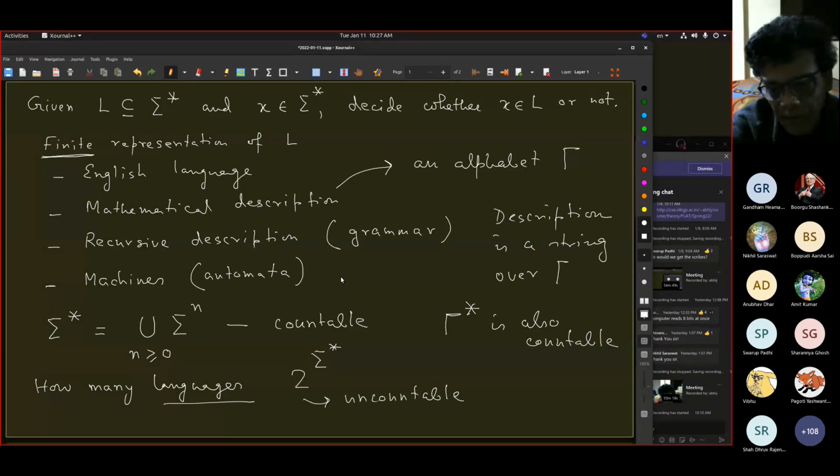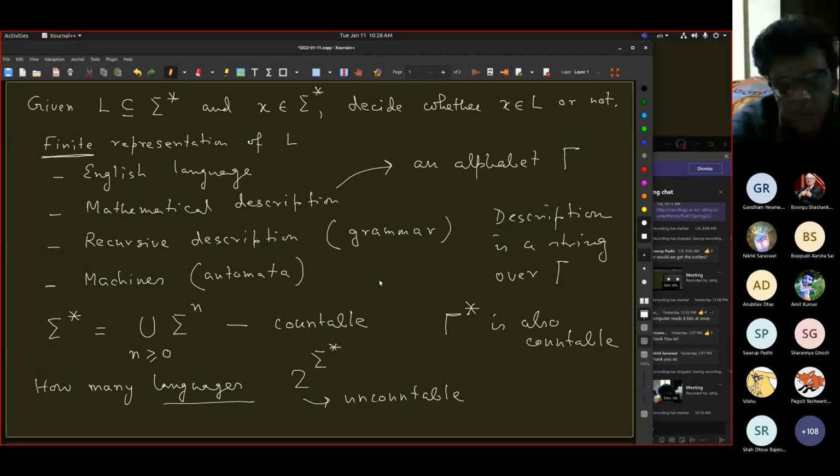So there may be languages which can be described in English or mathematically or in some other ways, which cannot be solved by computers.